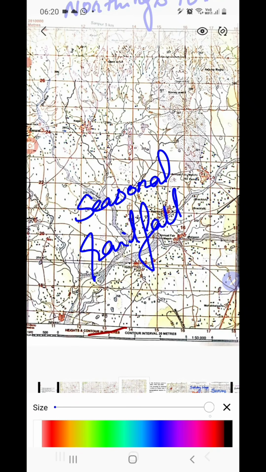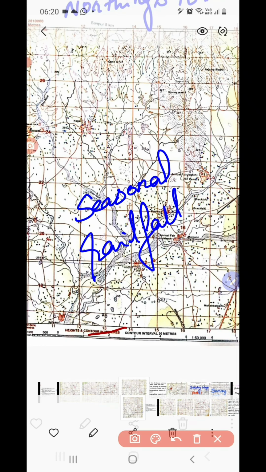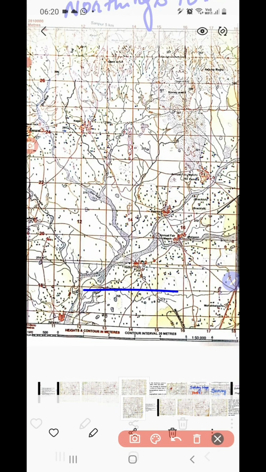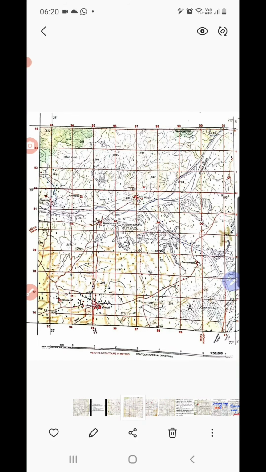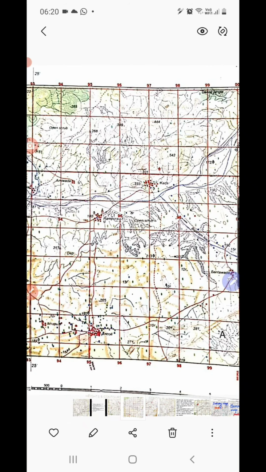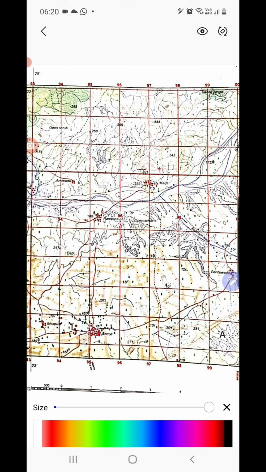In this map you see a number of dry streams, like evidence of seasonal rainfall. Dry streams, dry riverbed, broken ground, because broken ground is also formed due to extreme dryness after the flood.